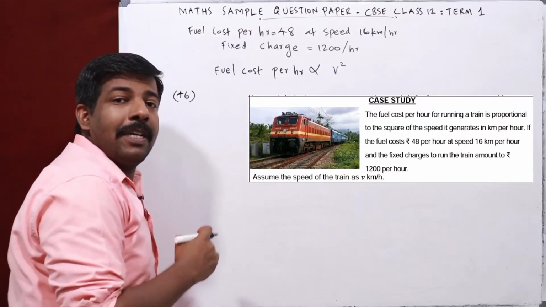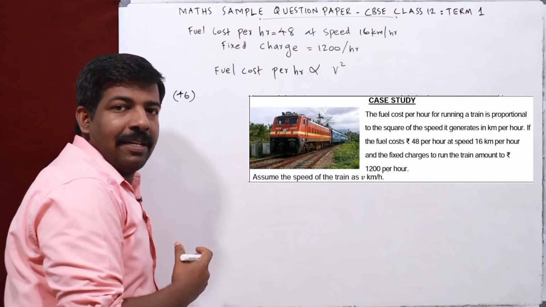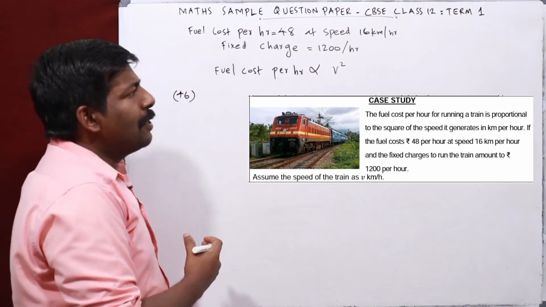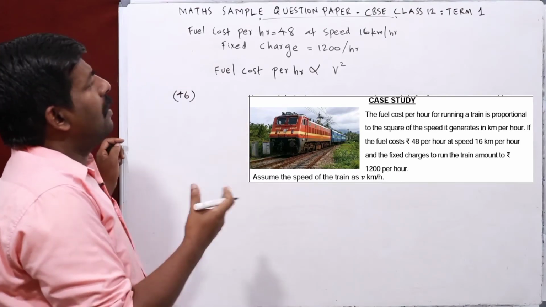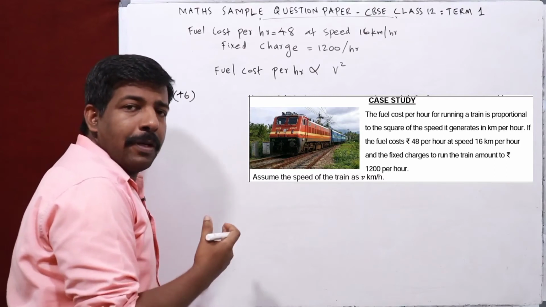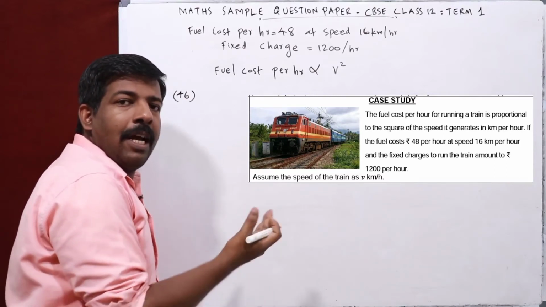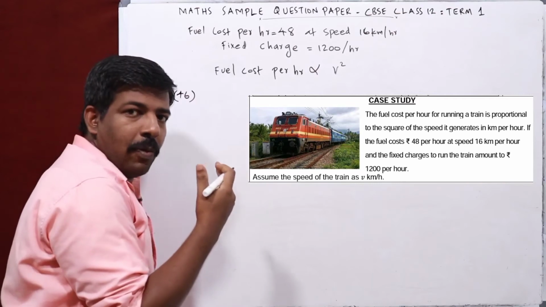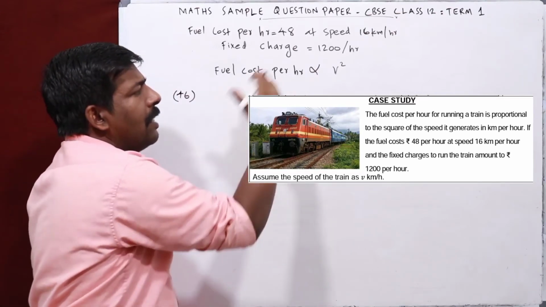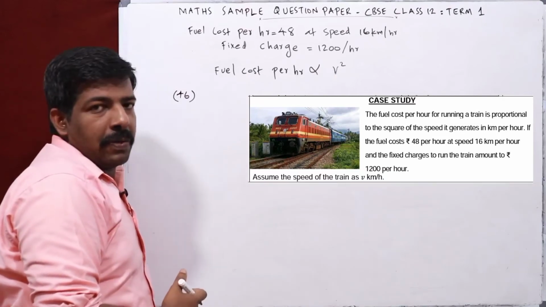Next 5 questions are based on a case study. It is about the cost of a train journey. So some conditions are given. First they are saying that fuel cost per hour is directly proportional to the square of the speed, and they ask you to take the speed as a small letter v. So we can directly write fuel cost per hour is directly proportional to v square, right?